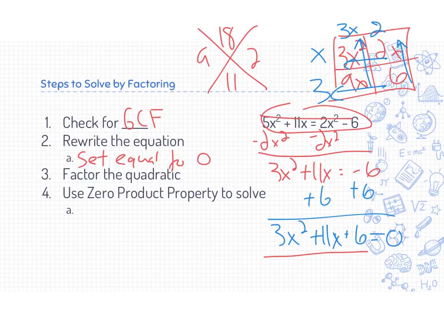So then our factors would be x plus 3 and 3x plus 2. But if you look back over here, remember it is now set equal to 0, which then means we need to set this equal to 0 still.